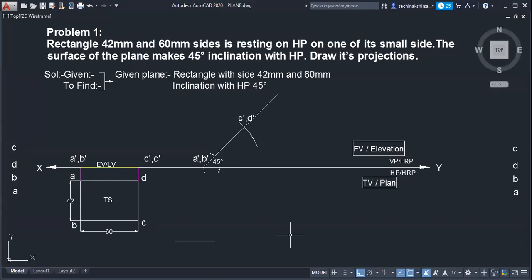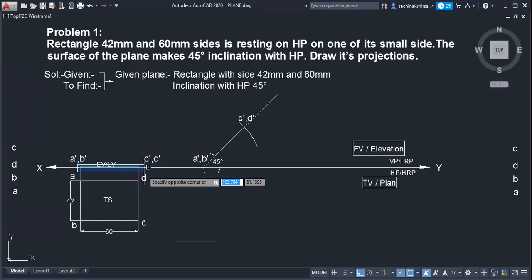Have you marked? Yes, sir. This 45 we have marked, means in the compass you have to take this much distance. The yellow colored one, from the point A dash B dash to C dash D dash.